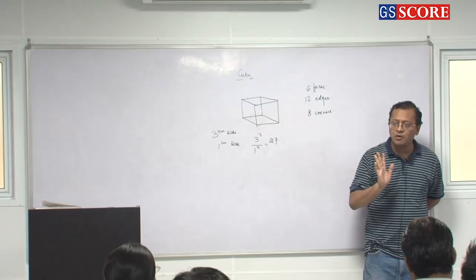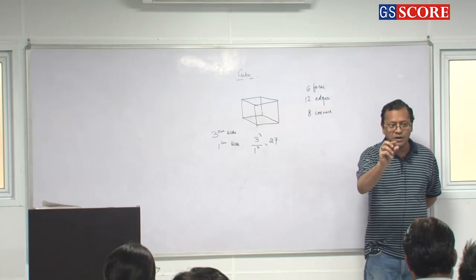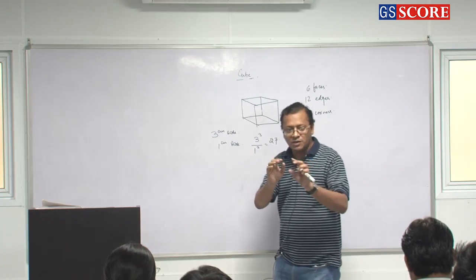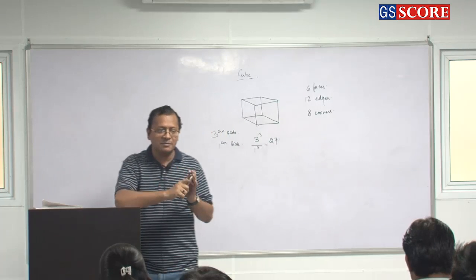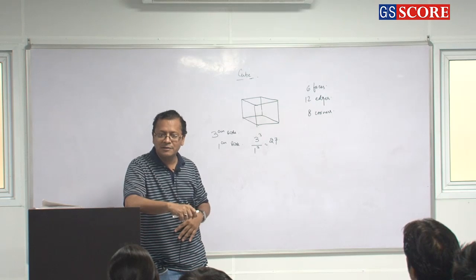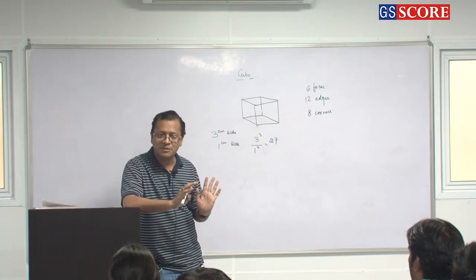And how many cubes have got no faces painted? Clear or not? If you cut into 1 centimeter cubes, there might be some cubes which have got 1 side painted. There might be some cubes which have got 2 sides painted. Clear or not?